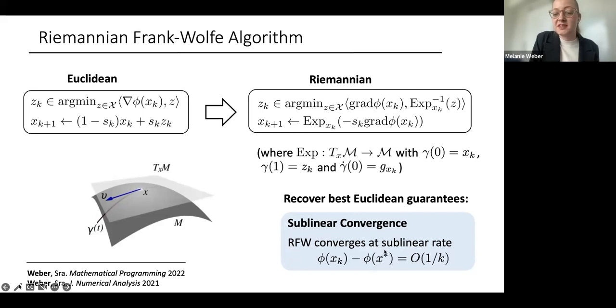So in the non-convex setting, there's not a unique global optimum, so we're not guaranteed to converge to the global optimum, but with a slight adjustment of the analysis, we can still show convergence at a sublinear rate to some local optimum.